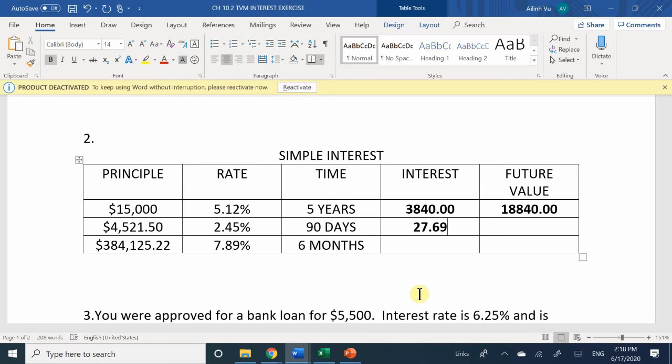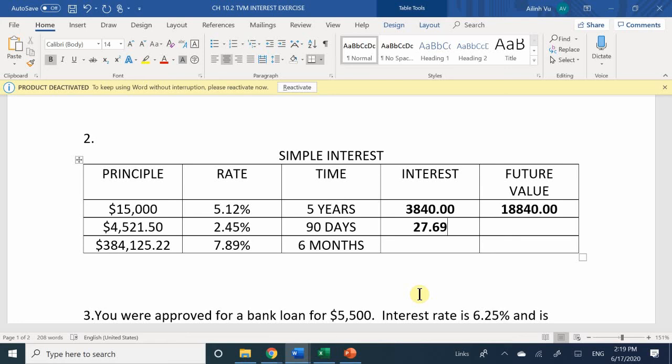Do you know where she got the 27.69? Yes and no. Okay. Again, look at time. Time is given in 90 days. We don't want 90 days.